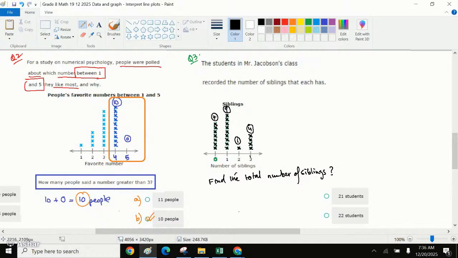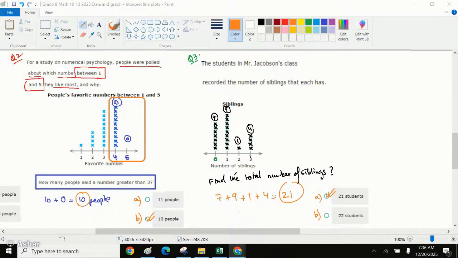If we need to find the total number of siblings, can we say that we can add 7 plus 9 is 16 plus 1 is 17. 17 plus 4 should be, this is option A, and option B, that should be equal to 21. So we mark option A because it equals 21. Okay.